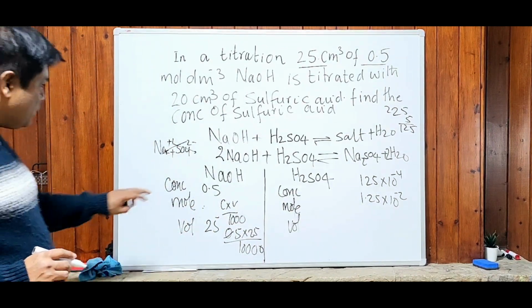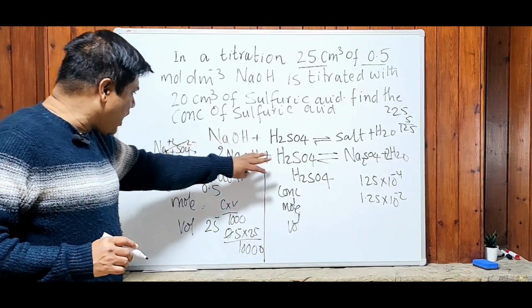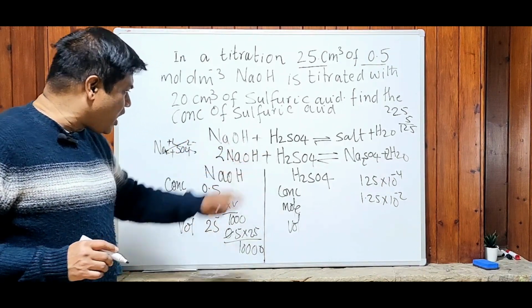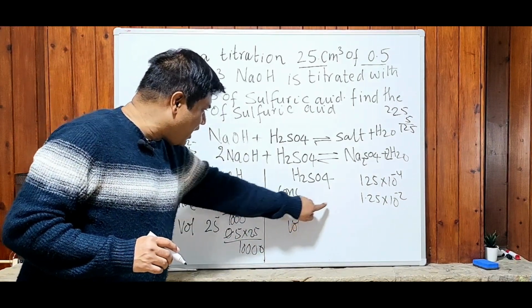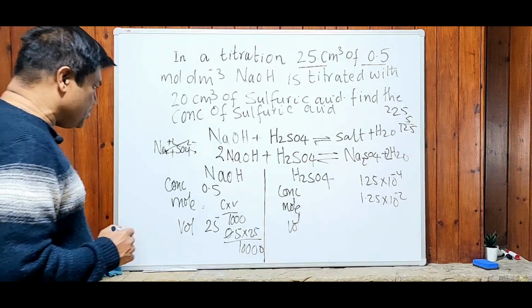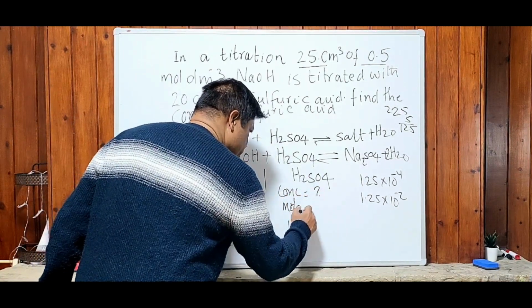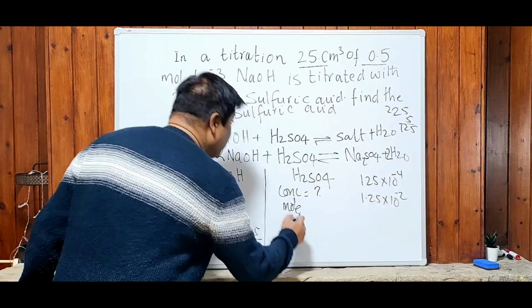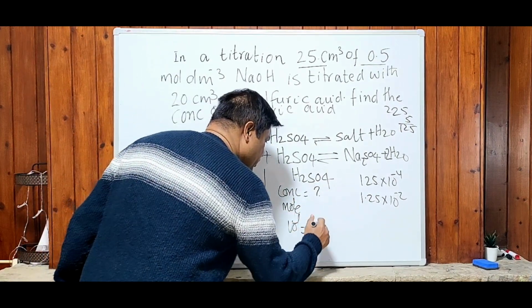What's the ratio? 2:1. It means double is to 1, or 1 is to half. So to get the moles of sulfuric acid, I have to divide this by 2. We have to work out the concentration, and I will show how to work out the moles first. The volume is given in the question, 20 cm³.